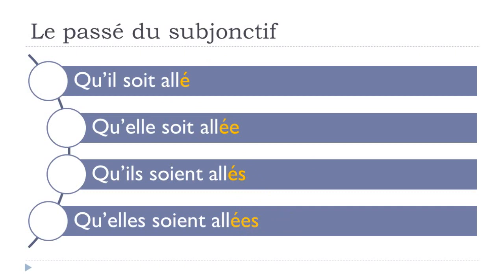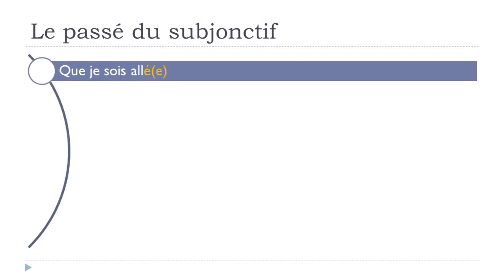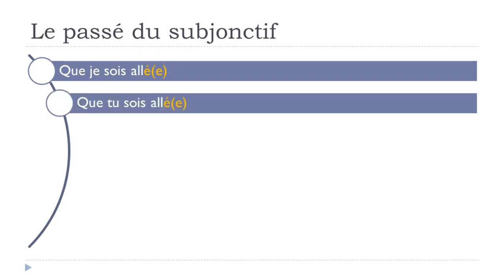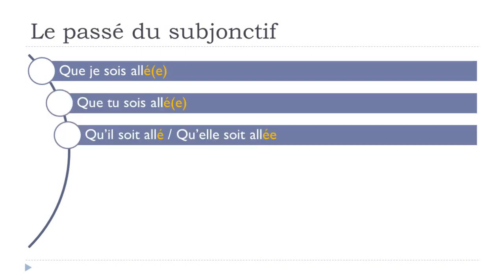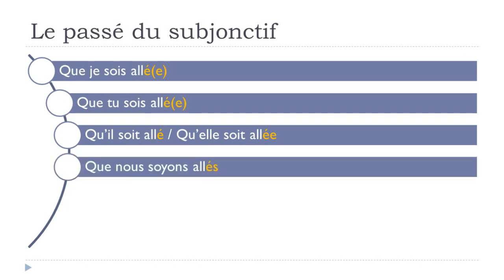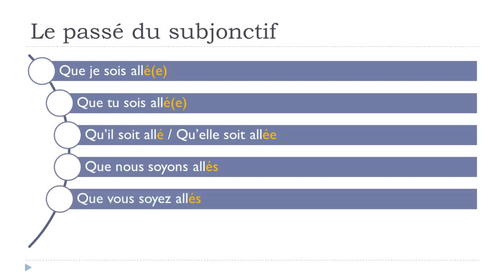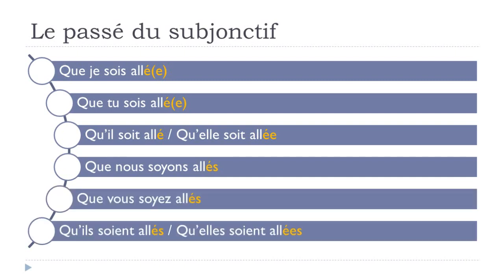Okay, so let's see now the full thing for aller, and it goes like that. Que je sois allé, okay, I won't make the liaison just to make it more clear. Que je sois allé, que tu sois allé, qu'il soit allé, qu'elle soit allée, que nous soyons allés, que vous soyez allés, qu'ils soient allés, qu'elles soient allées.